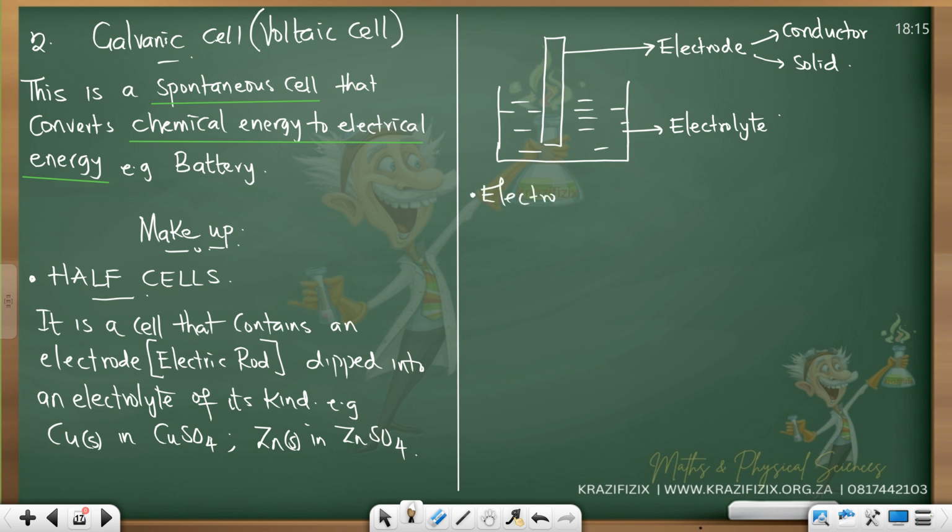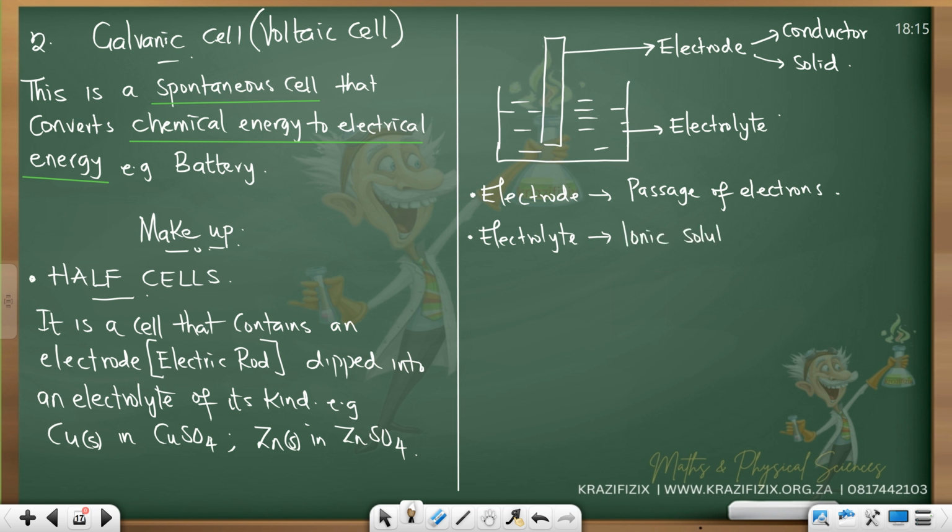If I were to quickly look at an electrode, it's there for the passage of electrons. What about an electrolyte?